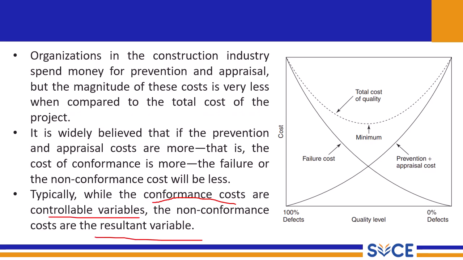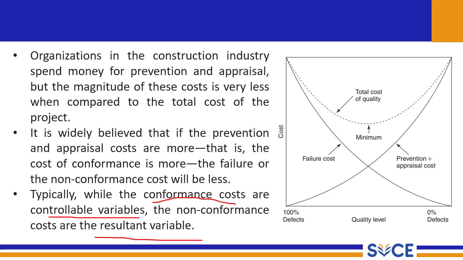Non-conformance are resultant variables. From this graph, the y-axis is cost and the x-axis is defects. The prevention plus appraisal cost generally starts like this: when there is 100% defects, the cost of the money will be zero.